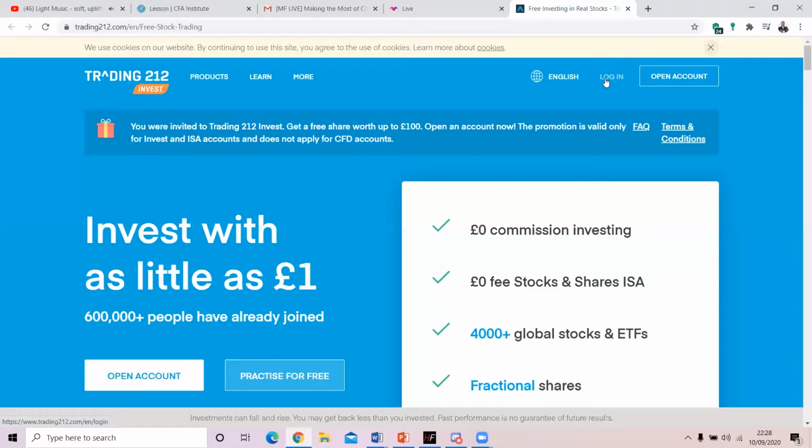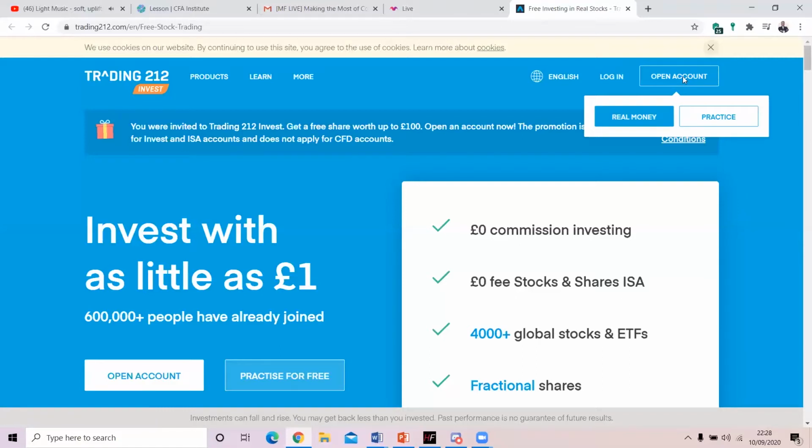When you click on open account, there are two options: the real money and the practice. Before I get there, if you come to this side of the screen, you will notice it's written Trading 212 Invest. So there are different products when it comes to the Trading 212 app.